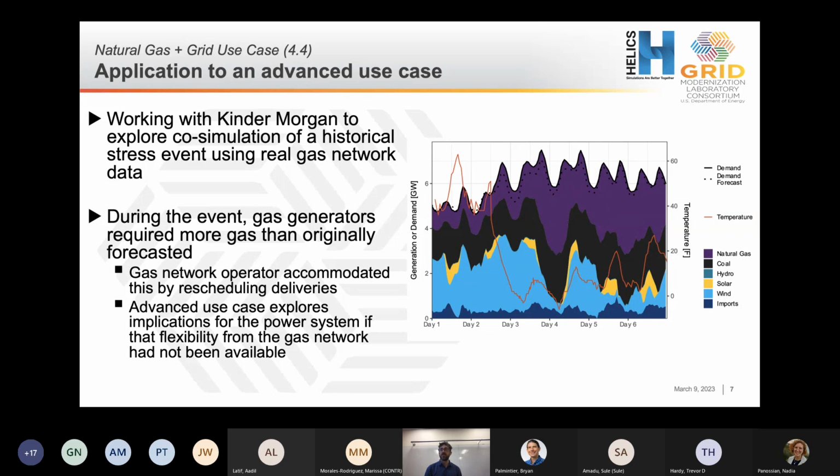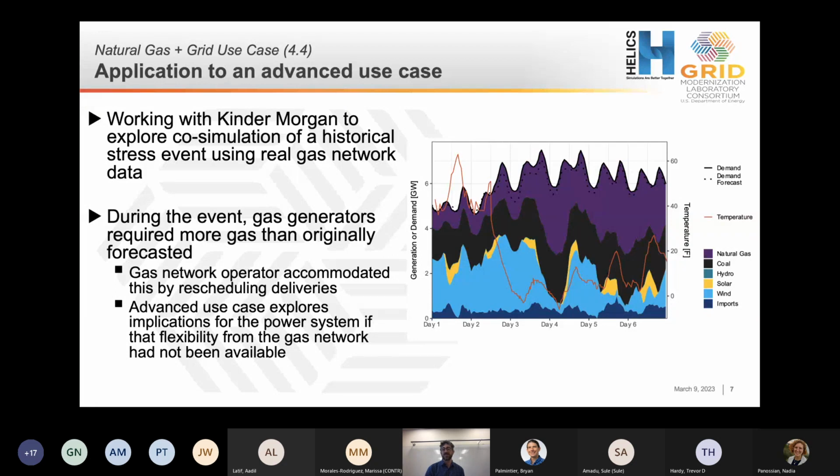They've been great to work with, and they've provided us some data on a historical case where there was a stress event with cold winter conditions and higher than expected gas demand from electric generators. There were some interventions where they were able to deliver that gas, but we explored using this tool what if that flexibility option was not available? How would that impact electric system operations?